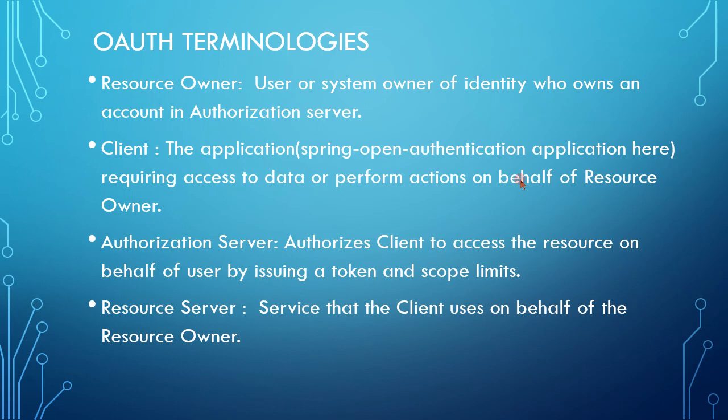Authorization server. The authorization server authorizes the client to access the resource on behalf of the user by issuing a token and scope limits. Resource server, of course, is quite self-explanatory. It is the server which hosts the service accessed by the client on behalf of the resource owner.